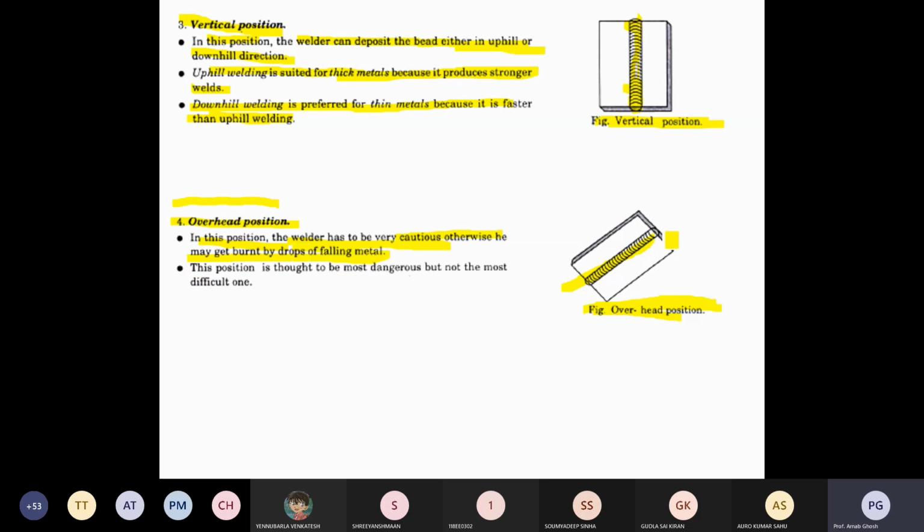It is beyond your eye level, so there is a chance of the filler material coming back to the welder. This position is thought to be the most dangerous but not the most difficult. I think all of you can understand the different types of welding positions, and based on the positions you can categorize them.